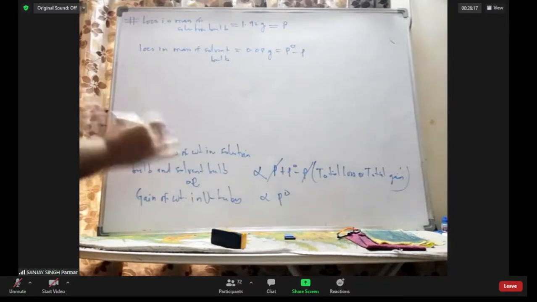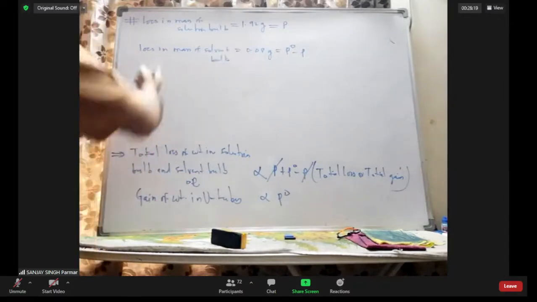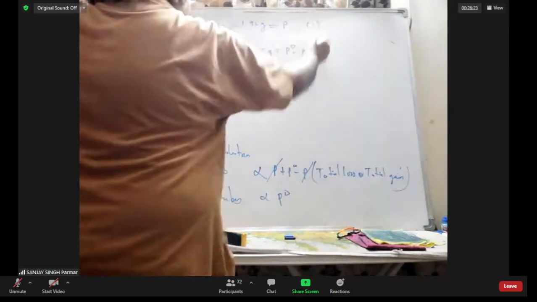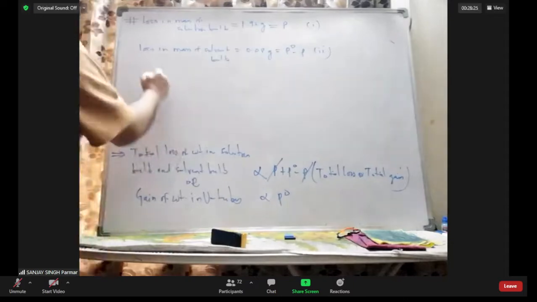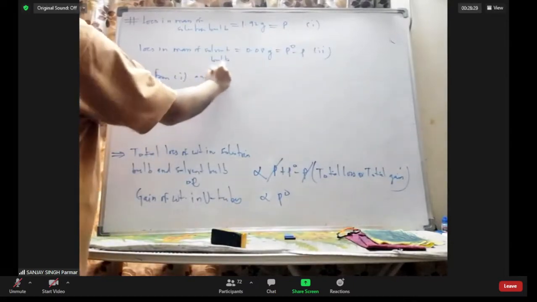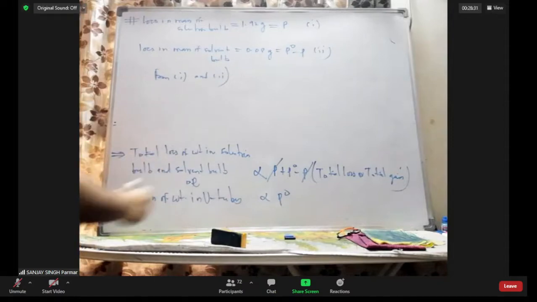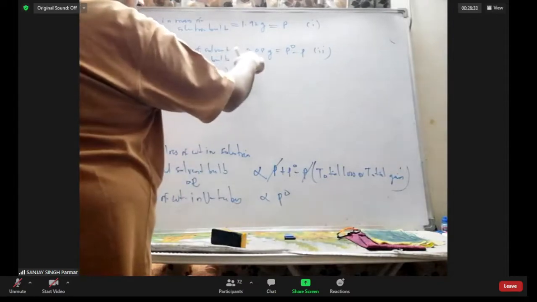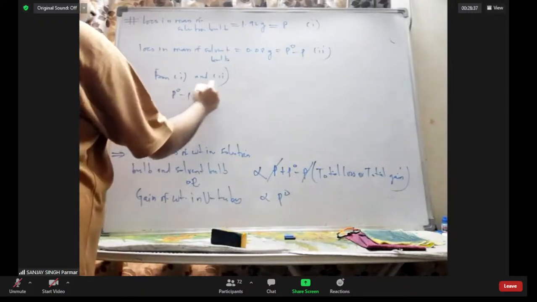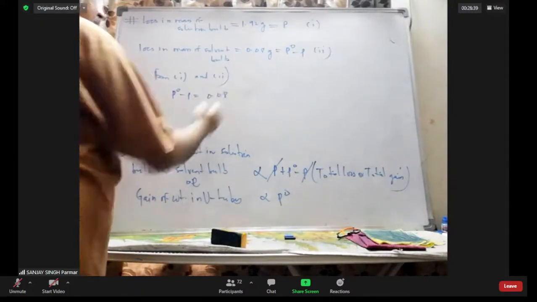Now let us go on applying our thing. So can I say from 1 and 2, clearly here they have given the value P naught minus P is 0.08.